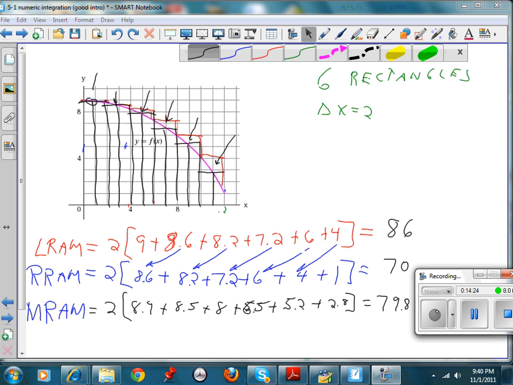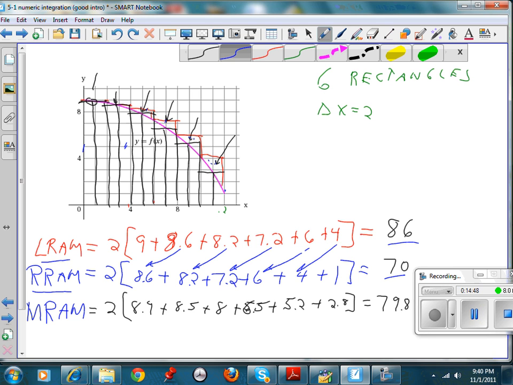Okay, I did the computation a little bit offline here, and you see I calculated that when I used the left endpoints, I got 86. The right rectangular method, I got 70. And you can see the left one, the right one is in red, and look at all the extra space. That looks like an overestimate.